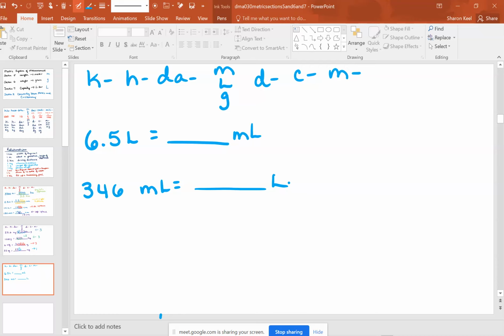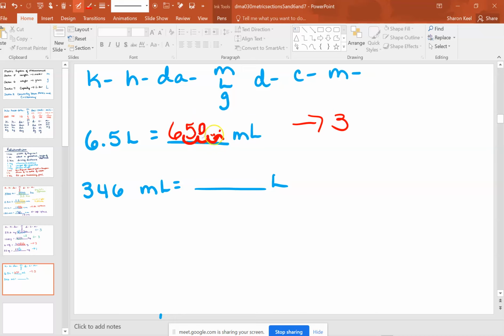Okay, so if we look at these, what we're going to do is we are going to go from liter here to milliliter. So we're going to go right 1, 2, 3 places. So if I have 6 and a 5 here, my decimal's between the two, I go right 1, 2, 3.